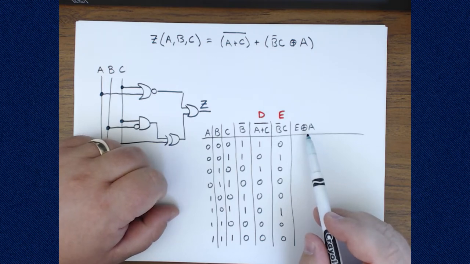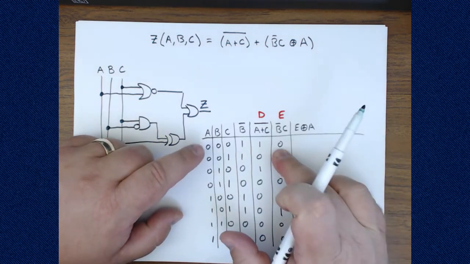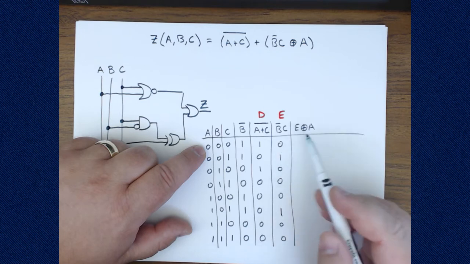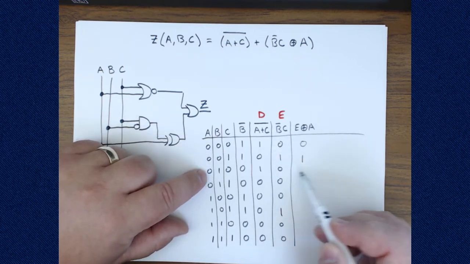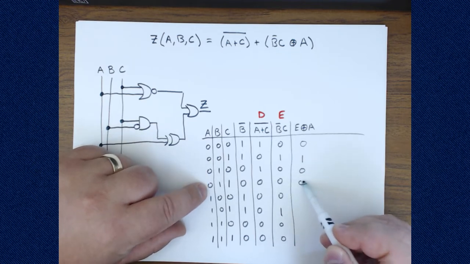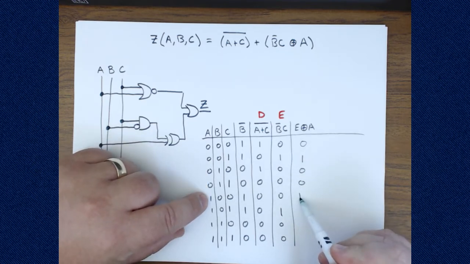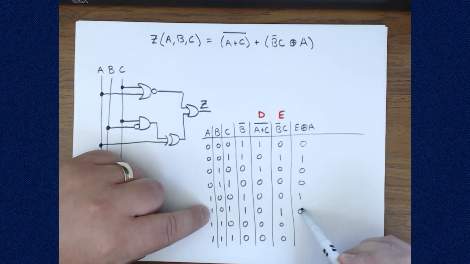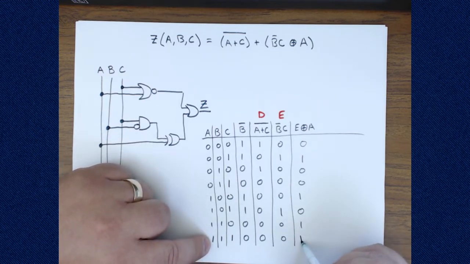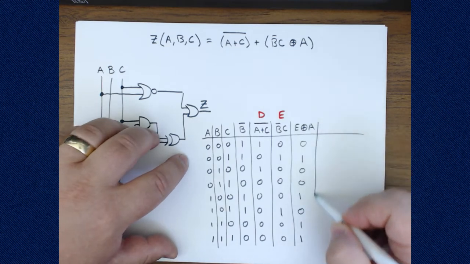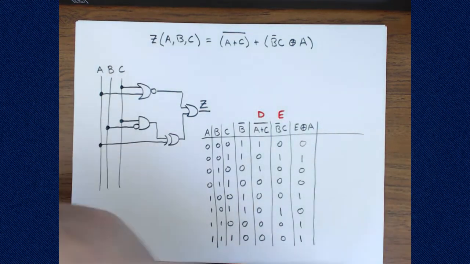So they got to be mismatched. This is E, this is the A column. 0, 0, no good. 0, 1, good. 0, 0, nope. 0, 0, nope. 1, 0, good, a mismatch. 1, 1, nope, they match. 1, 0, good. These are both 1s in the output. So this we'll call F.